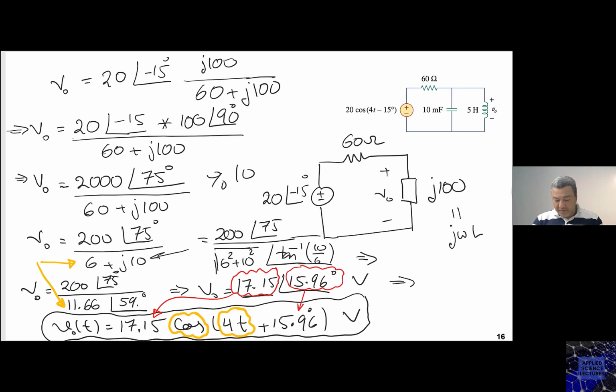Then V naught is, you divide the magnitudes, and you subtract 75 minus 59. However, the phase angle in the denominator is subtracted from the phase angle in the numerator. Is this clear now?